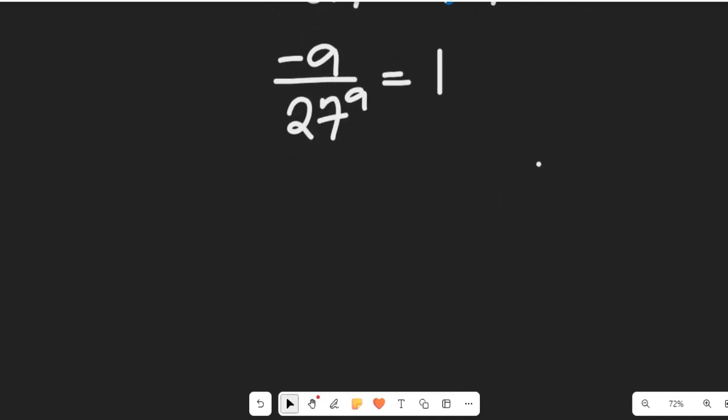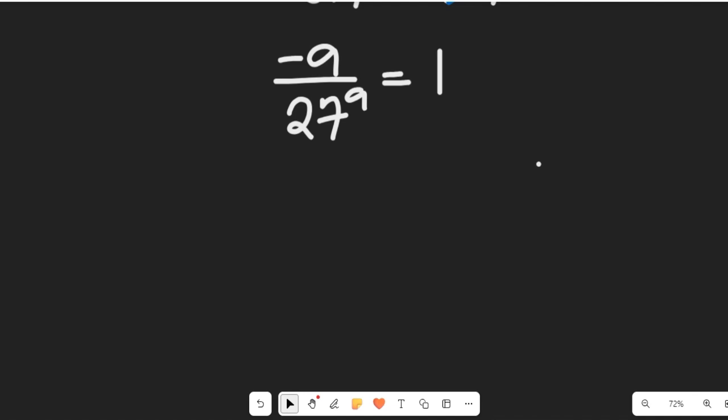But I want you to ask yourself, what do I do from here that can further simplify this expression to a simpler expression? At this point, we want to look at how we can mend this expression in order to get a simpler expression such that we can easily apply the Lambert principle.